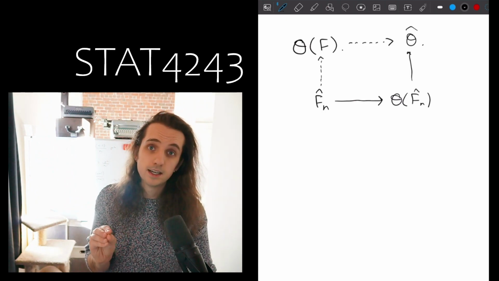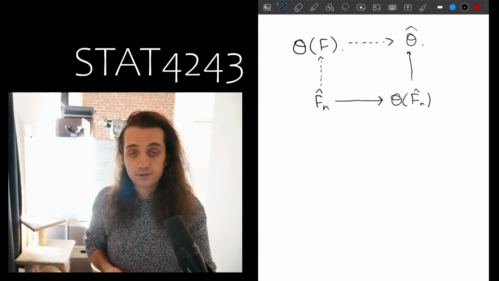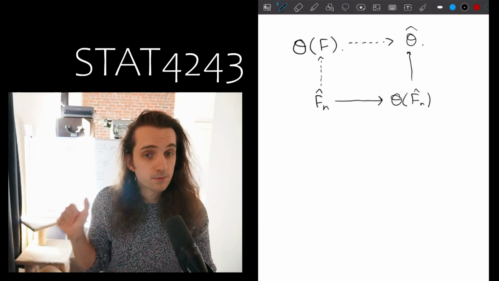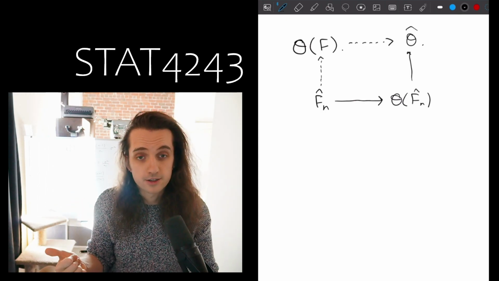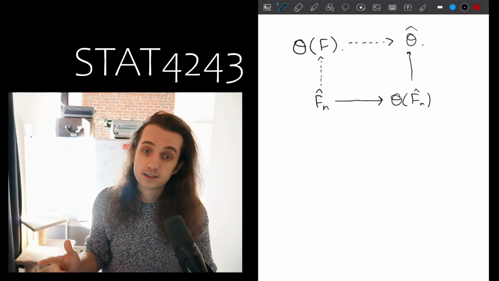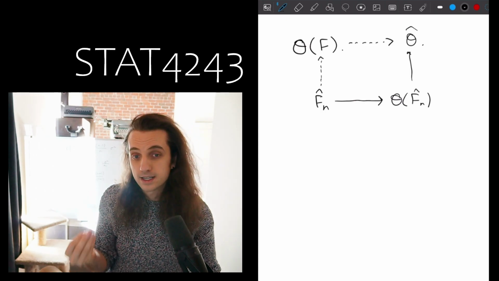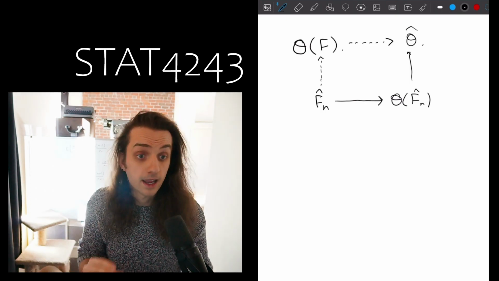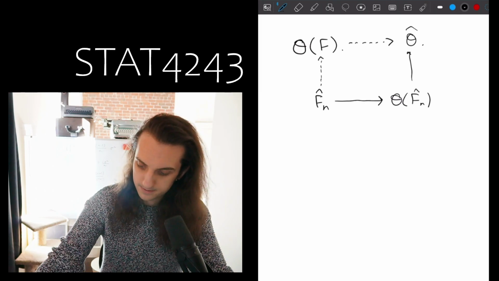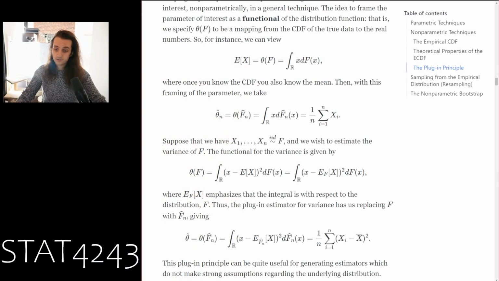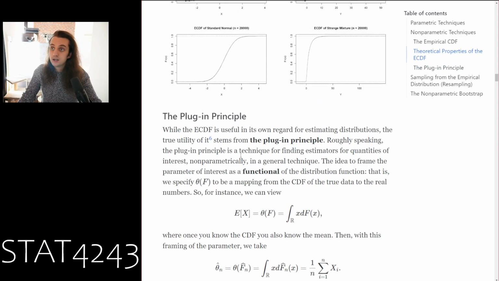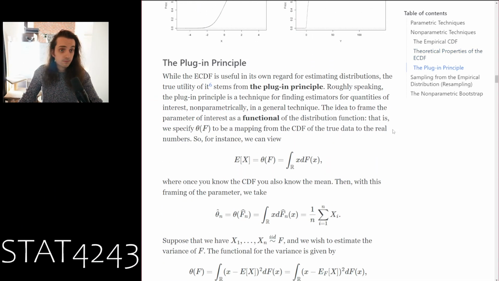And it's an idea that requires a couple of leaps for us, right? The first is to start thinking about parameters as functionals of the distributions. And the second thing it requires is for us to recognize that the empirical CDF is going to be a good estimator for this, right? And so just to finish out the lecture today, we'll plug through this little piece of the notes here.